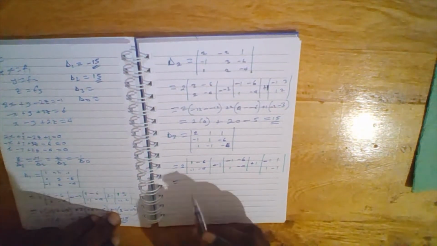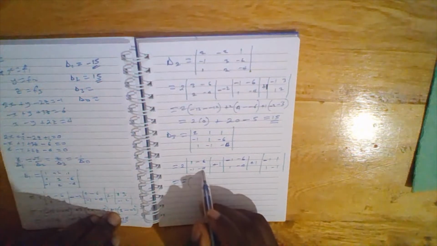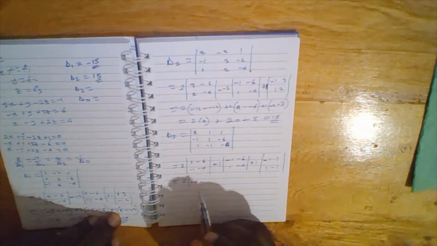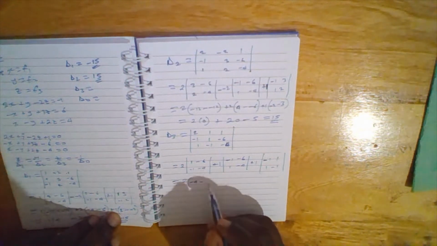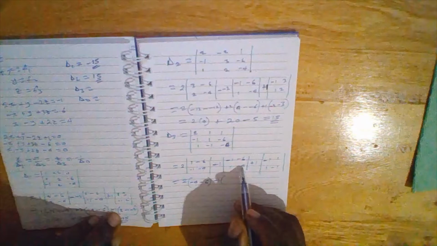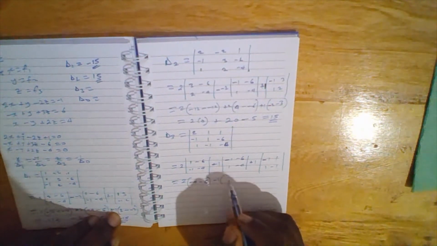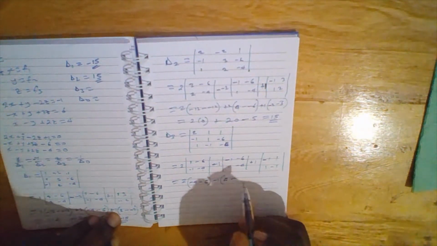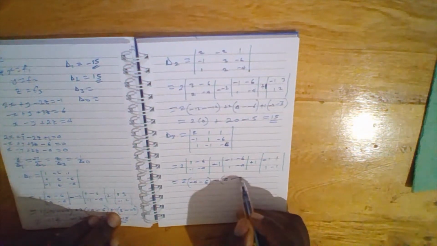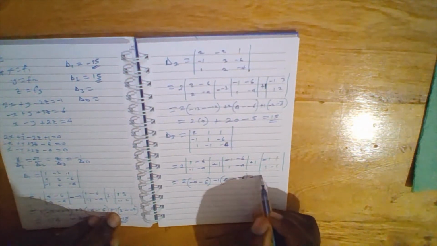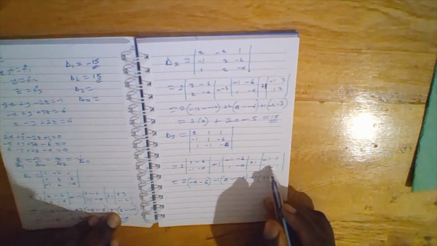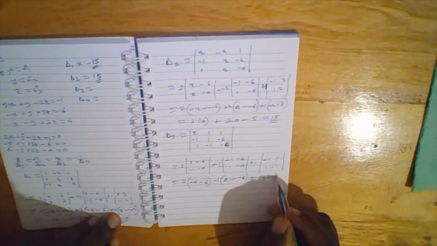So this equals to 2 into negative 4 times 1, we have negative 4, minus negative 1 times negative 6, we have 6, minus 1 into negative 4 times negative 1, we have 4, minus 1 times negative 6, we have negative 6, plus 1 into negative 1 times negative 1, we have 1, minus 1 times 1, 1.